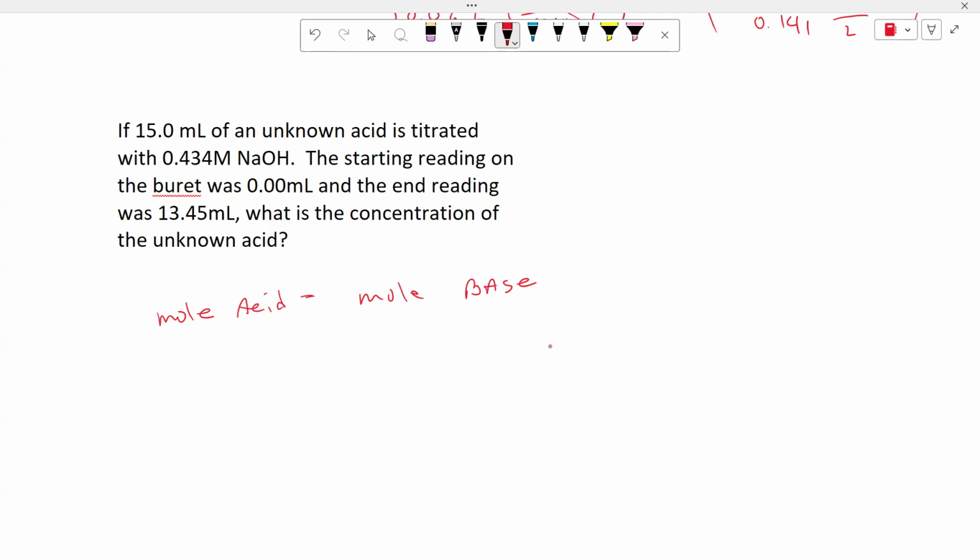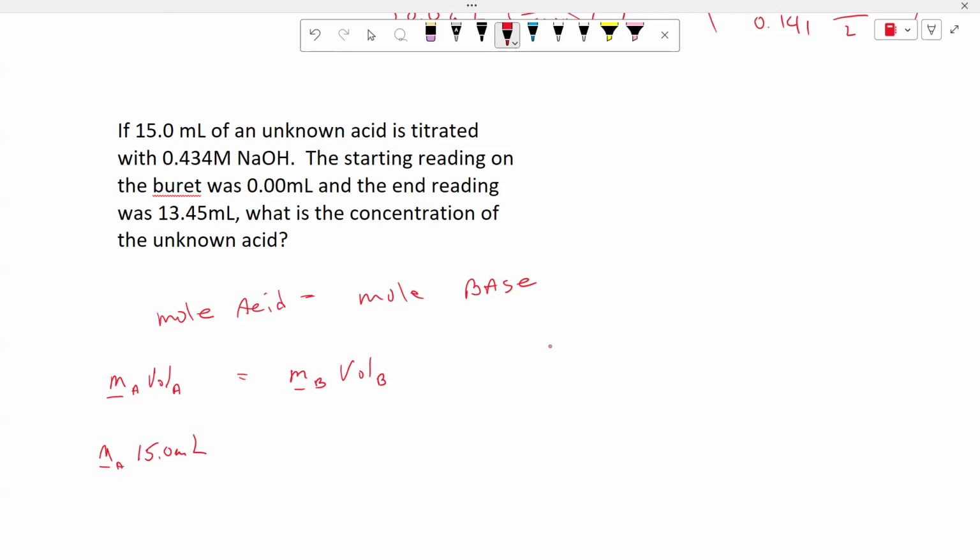So again, we have, okay, so the concentration of acid is unknown. Well, the volume of the acid is 15 milliliters.